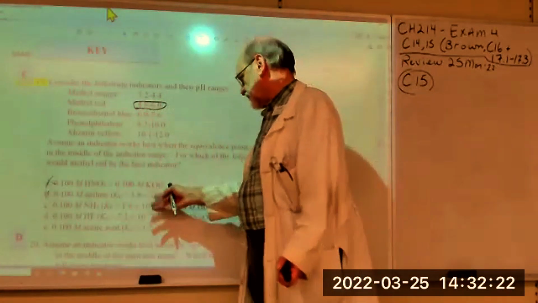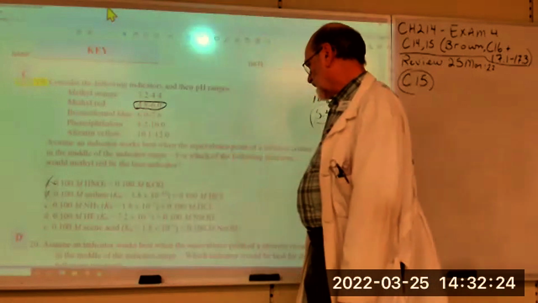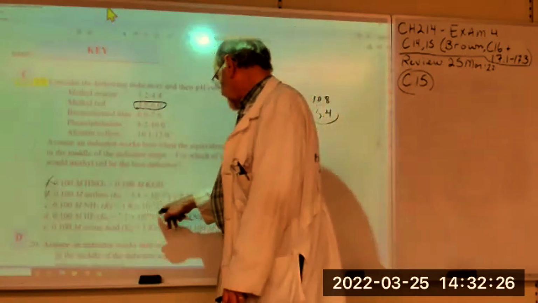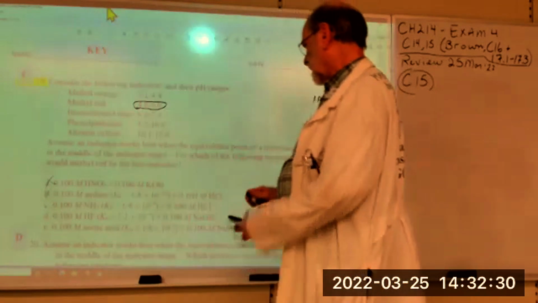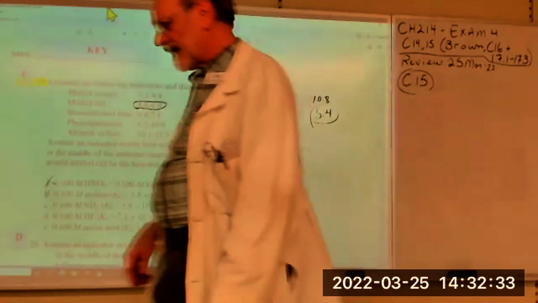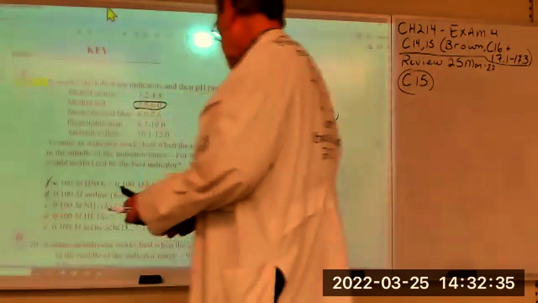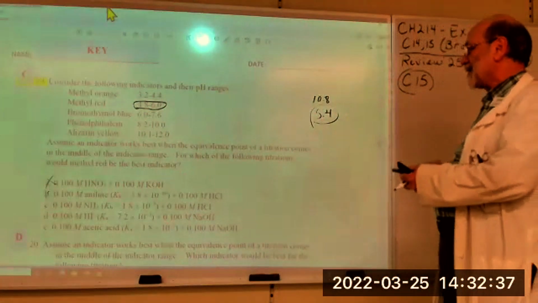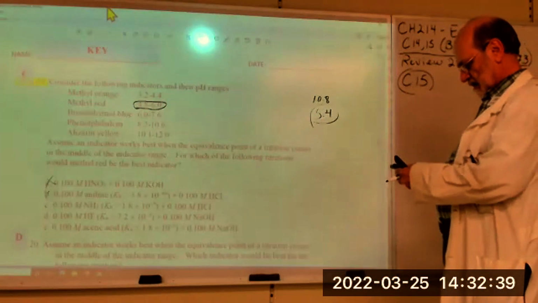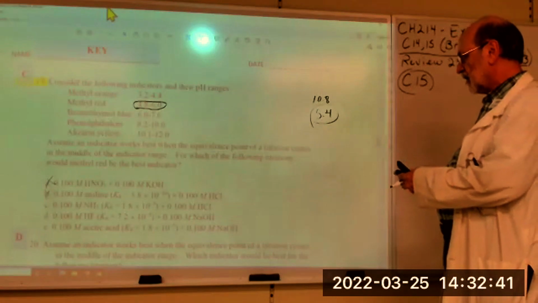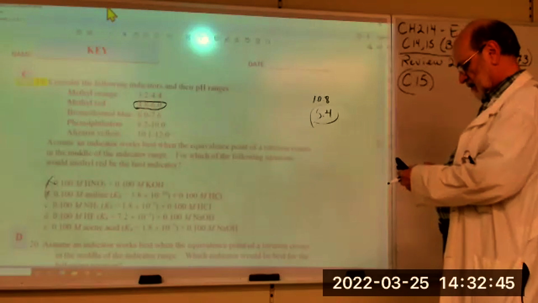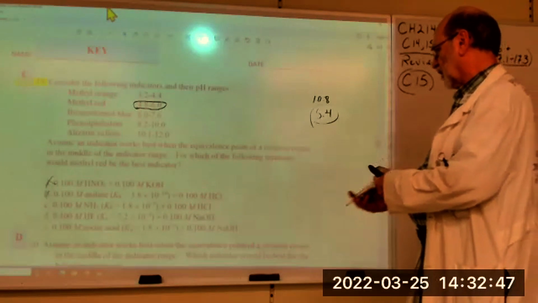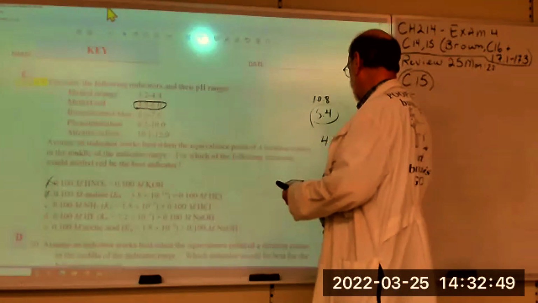I mean, you can run it, you can do the calculations. How about this one? 1.8 times 10 to the minus 5. So what would the pOH be for that one? The pKb for this one is 1.8 times 10 to the minus 5. That's 4.74. Pretty close.